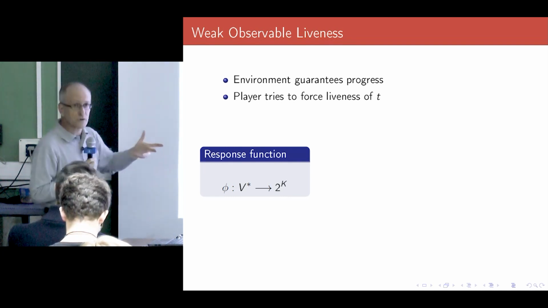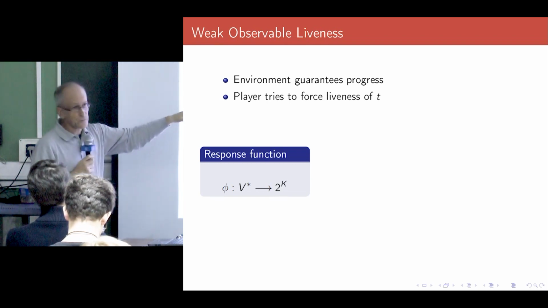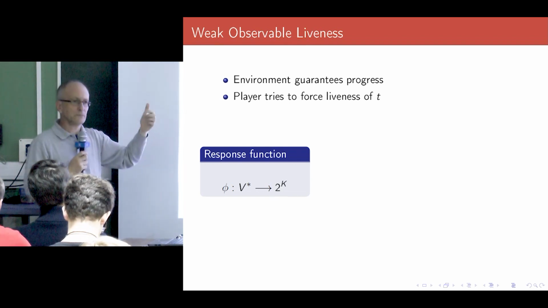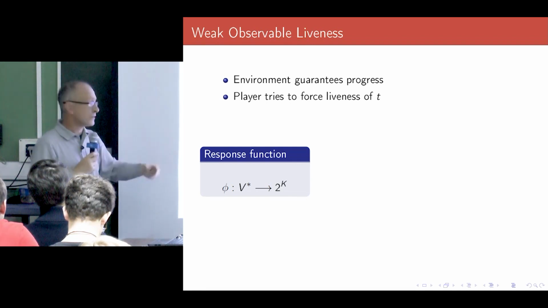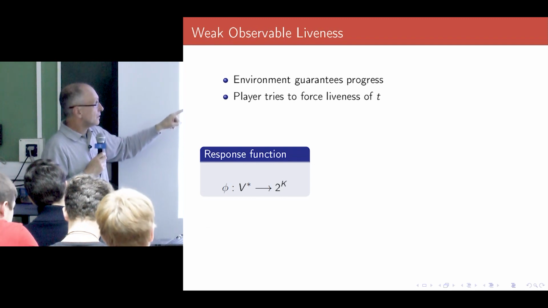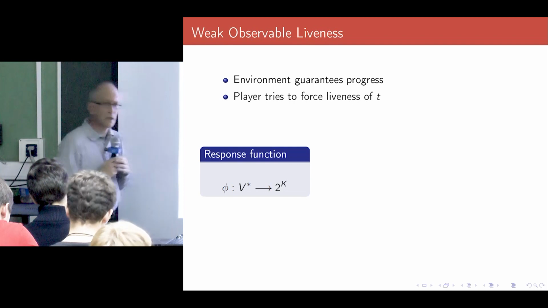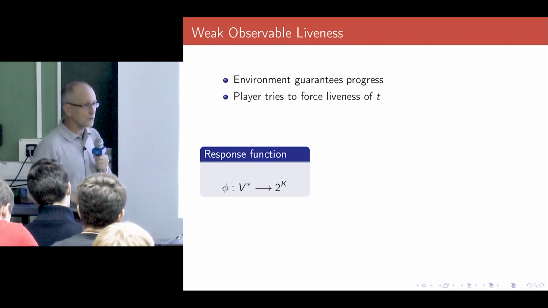And so instead of the strategy, there is a notion of response function, which essentially models the behavior of the player. With an important difference, this response function is defined on the set V star. I don't know if you're familiar with this notation.